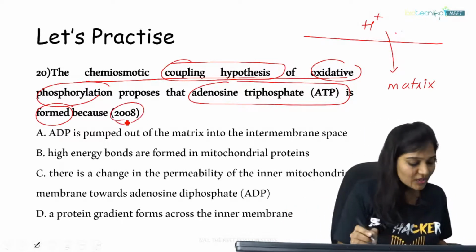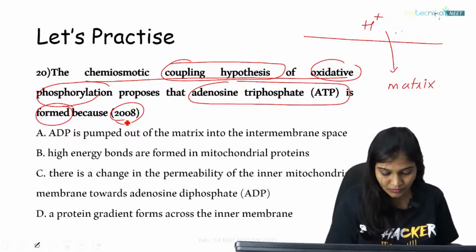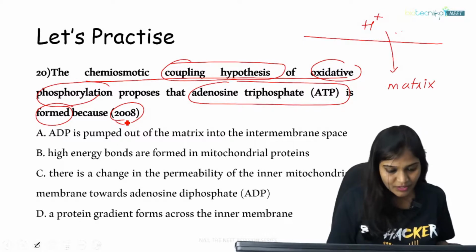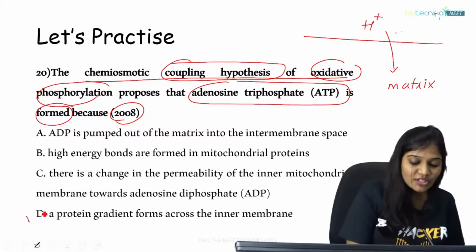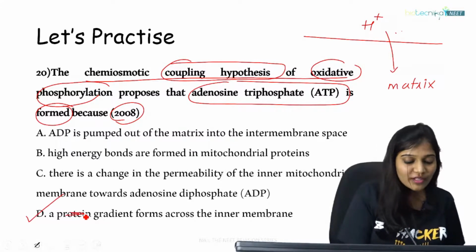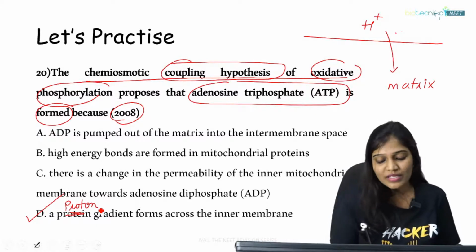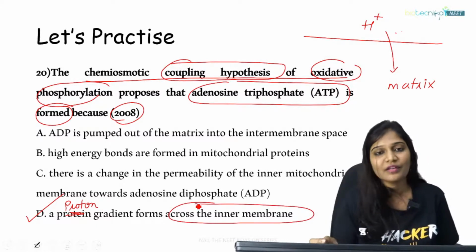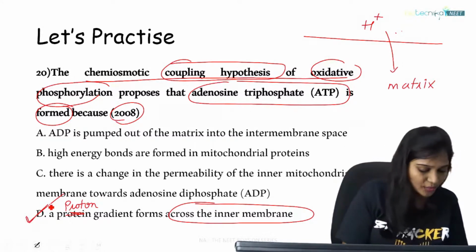This is a 2008 question. Anybody? It's going to be what? A proton gradient, I'm sorry, this is going to be proton gradient. A proton gradient forms across the inner membrane, or we can very specifically say it's going to be the intermembrane space. So the answer is going to be option D.